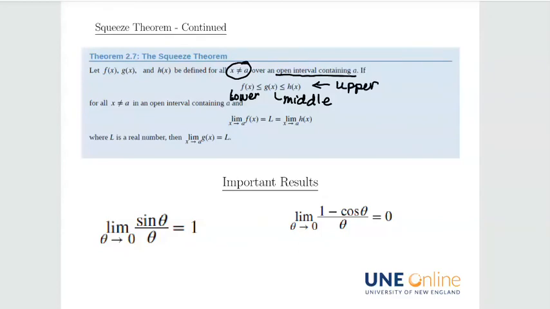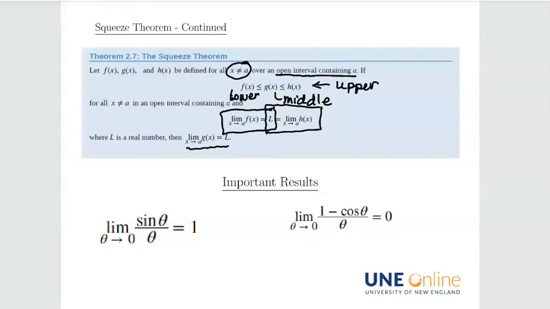Then remember that the limit of the lower function has to be equal to L, and that has to be the same exact limit as the upper function. If that's the case, then we can squeeze our middle function between those two and say that it must also have the same limit.